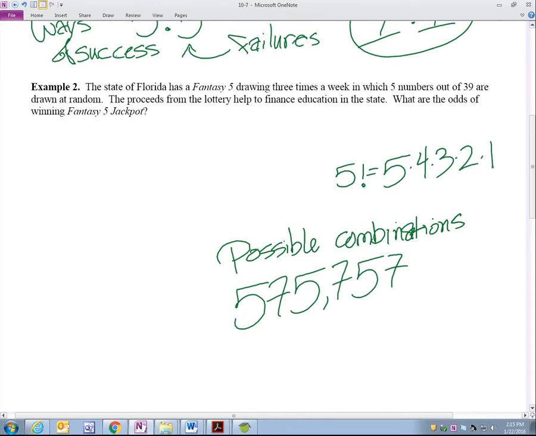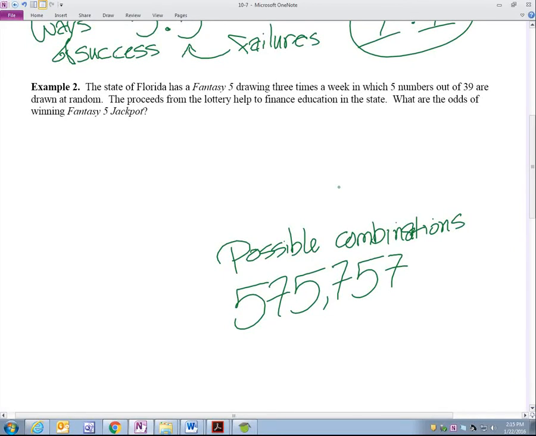I didn't know that. Yep. So there are that many drawings, or that many possible combinations.